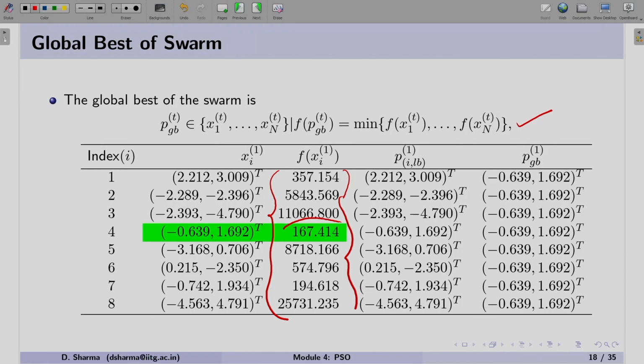As we can see, 167 is the minimum value, so the global best in generation number t corresponds to particle number 4. Looking at this particular column vector here, the same column vector is copied at the last column. So, this last column corresponds to the global best of the swarm in iteration or generation number 1.